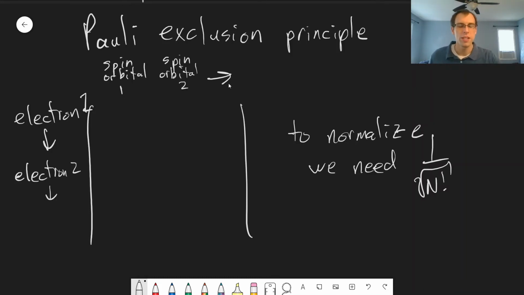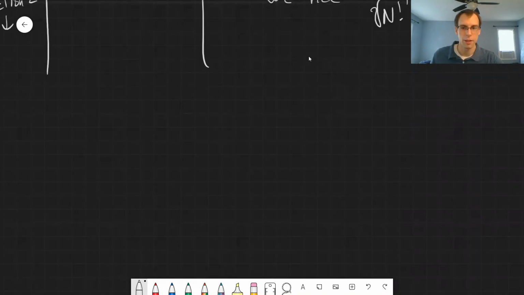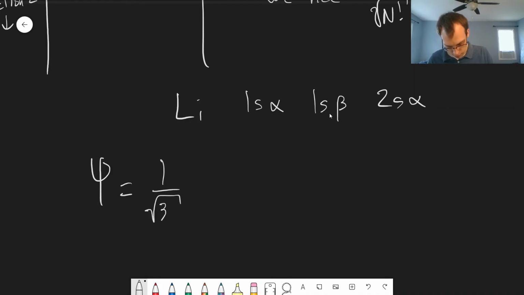All right, so just to give one example of this, and we'll go over some examples when we meet together in class, let's look at lithium. Let's go to 3 electrons. We'll have 1s spin up, 1s spin down, and we're going to need a 2s electron as well, and we'll just pick spin up. It doesn't really matter, we could pick alpha or beta for this example. So our wave function is 1 over square root of 3 factorial, and then our determinant.